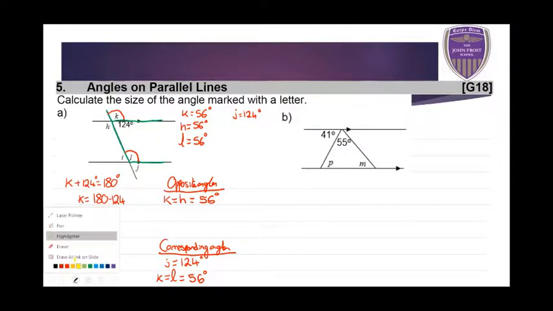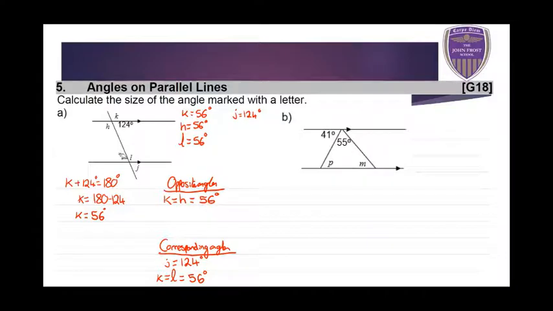Now there's one angle we're missing. We found all the angles except angle I. So have a very quick think. What rule could we use to find angle I? Well, we could use the opposite angle rule, because angle I is opposite angle J, and we know that J is 124 degrees.